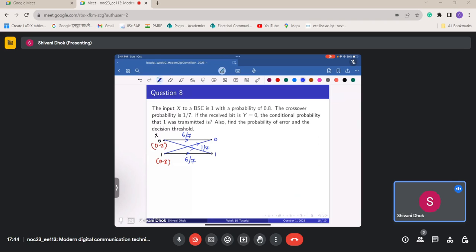So let's look at what is asked. If the received bit y is equal to 0, then we need to find the conditional probability that 1 was transmitted.